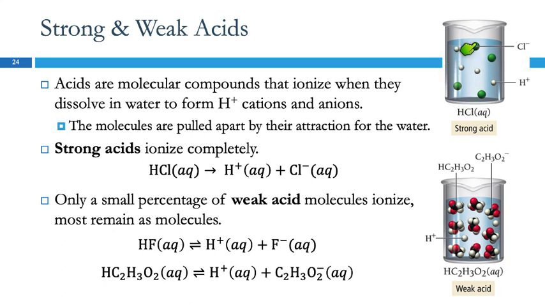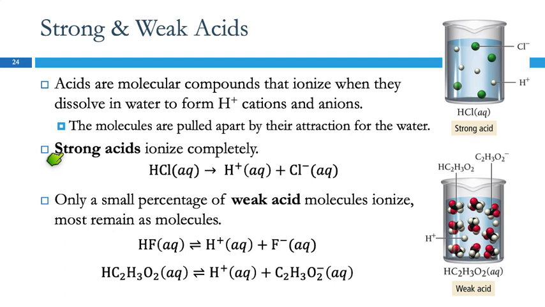There are charged particles that can carry the electric current, and acids are electrolytes. We have two categories of acids, strong ones and weak ones. And this has nothing to do with how caustic or dangerous they are. It just has to do with the relative amounts of molecules that turn into ions.